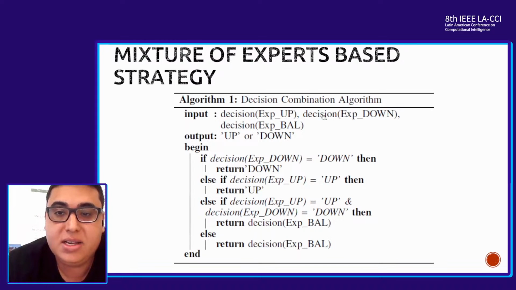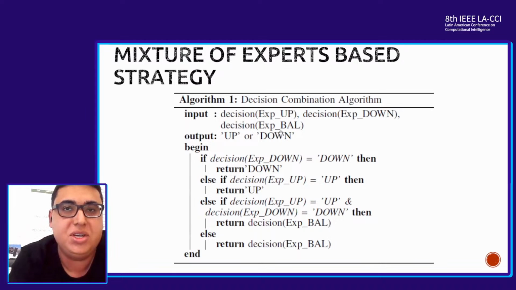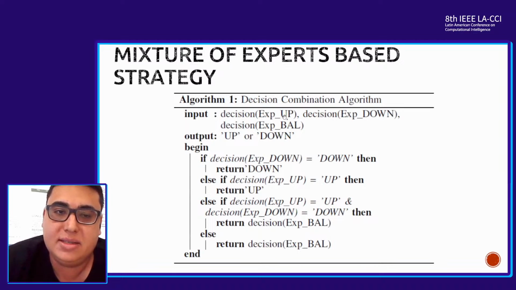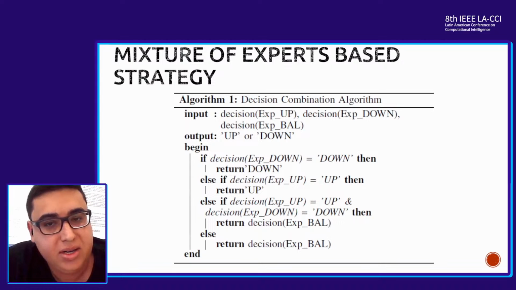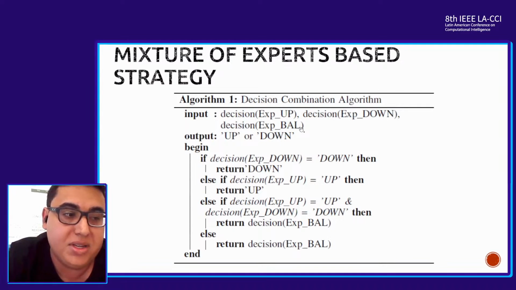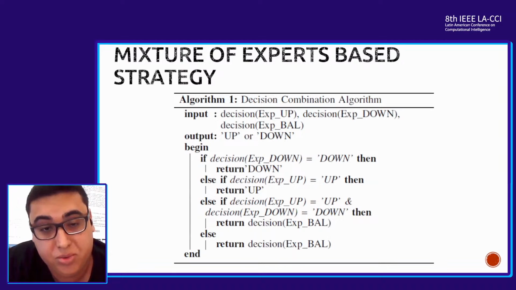We have an expert in the down trends, and we have an expert which is balanced. We trained our machine learning models to create experts in the uptrend, downtrend, and a balanced trend, using the mean accuracy during a grid search, so that we can tune our hyperparameters for the machine learning approach.